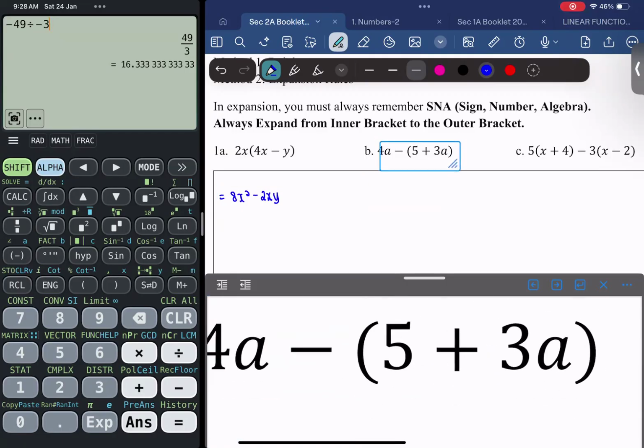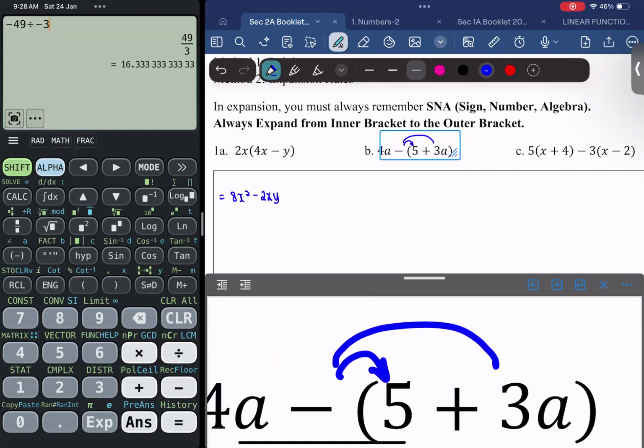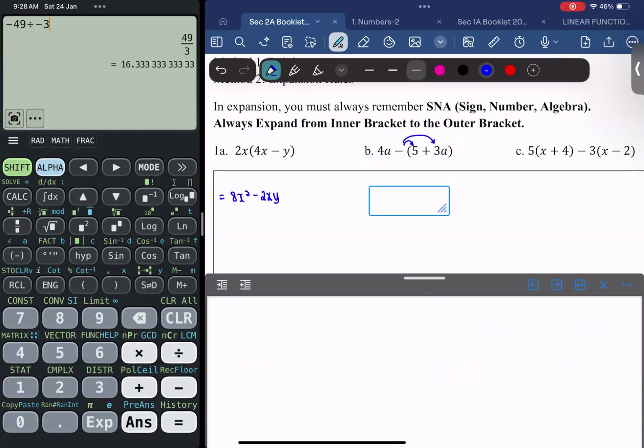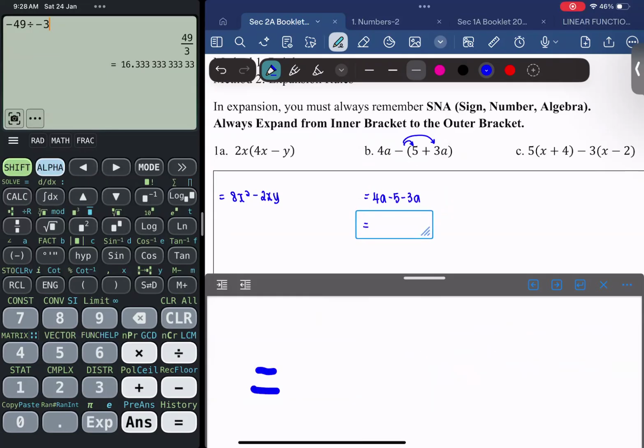Next, this one, there's a negative in front of the bracket. Remember when there's a negative in front of the bracket? It belongs to both numbers. So this is equals to 4a minus 5 minus 3a. Then we combine them together. 4a minus 3a, we get a minus 5.